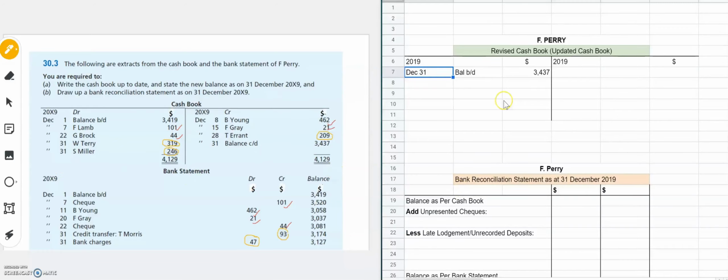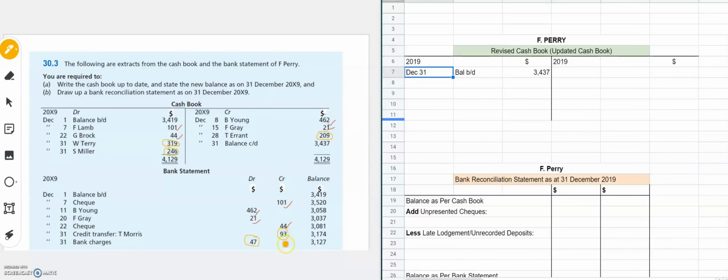So now we're going to add the information that should go in the cash book that was not in it in the first place. We are going to find this information in our bank statement. Now I'm just going to go ahead and enter the information as it appears. The first one I see, December 31st, credit transfer T Morris, 93. Now this 93 is in the credit column in the bank statement.